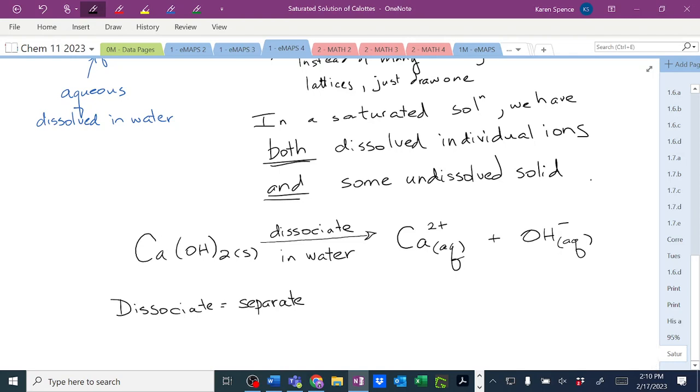Yes, 2 OH. Right now it is unbalanced. We have a 2 here. So we have 2 hydroxides. So over here we can put a 2. Okay? Because for every 1 calcium you get 2 hydroxides.